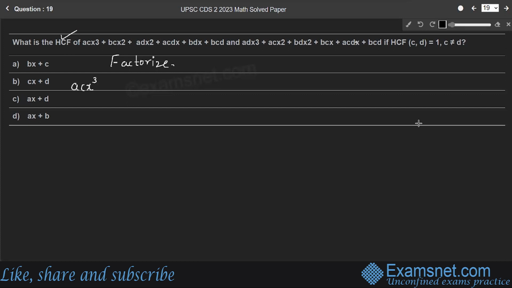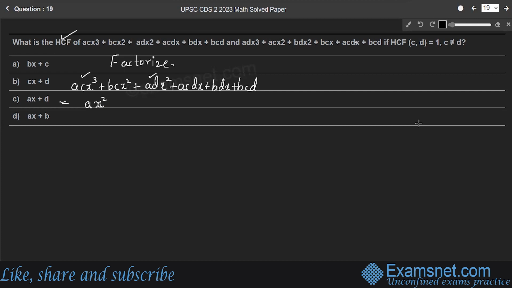So first expression, ACX cube plus BCX square plus ADX square plus ACDX plus BDX plus BCD, which is equal to, so we'll consider the first term and the third term, ACX cube plus ADX square, in which AX square is common.